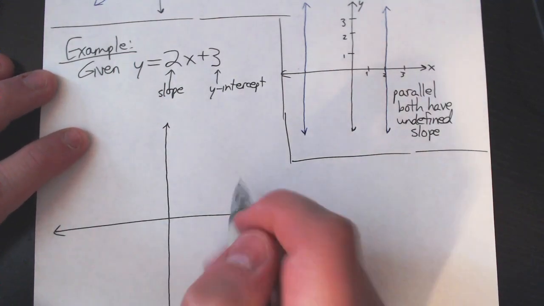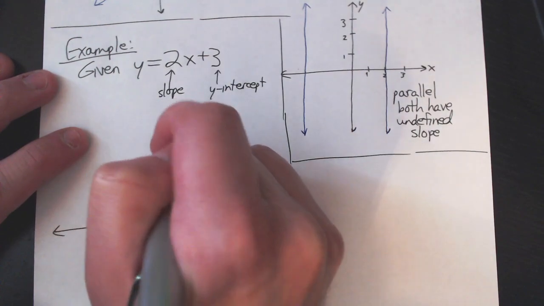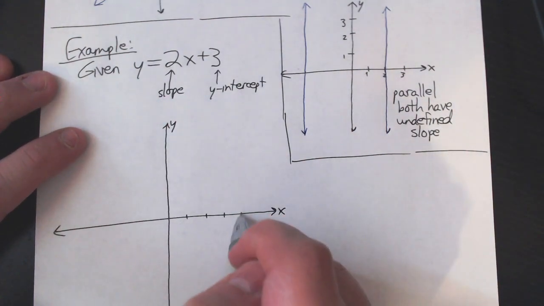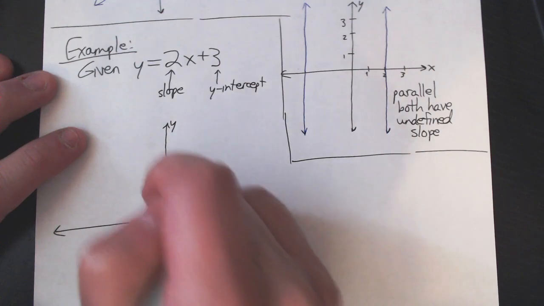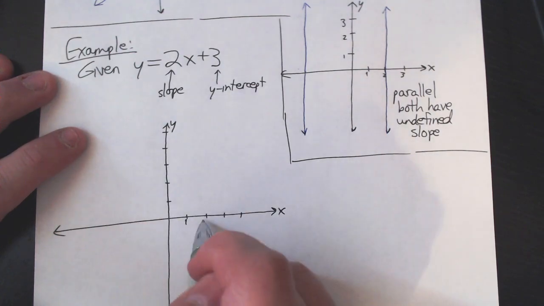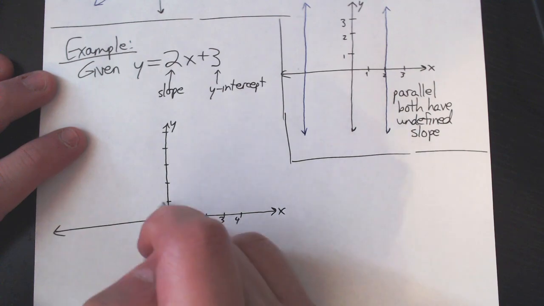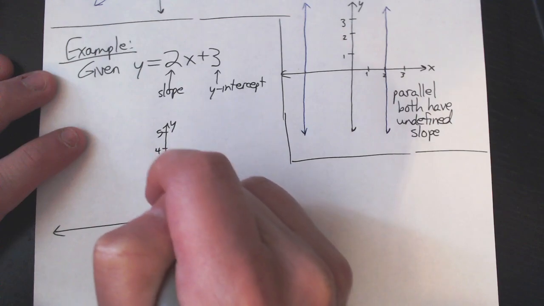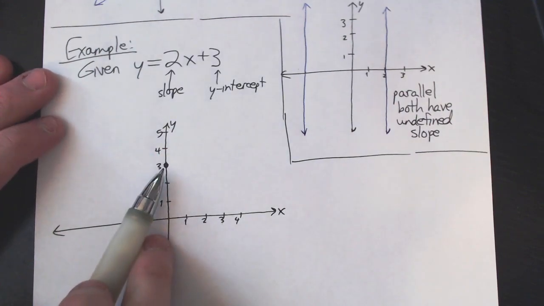And then we'll think about what lines are going to be parallel to this. Let's draw it first. All right, well, y-intercept is 3, so I'll draw a dot at 3.